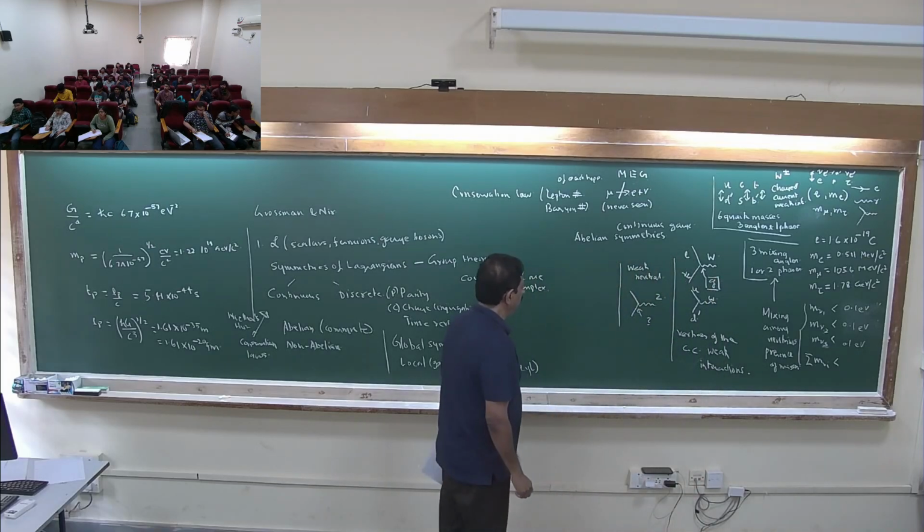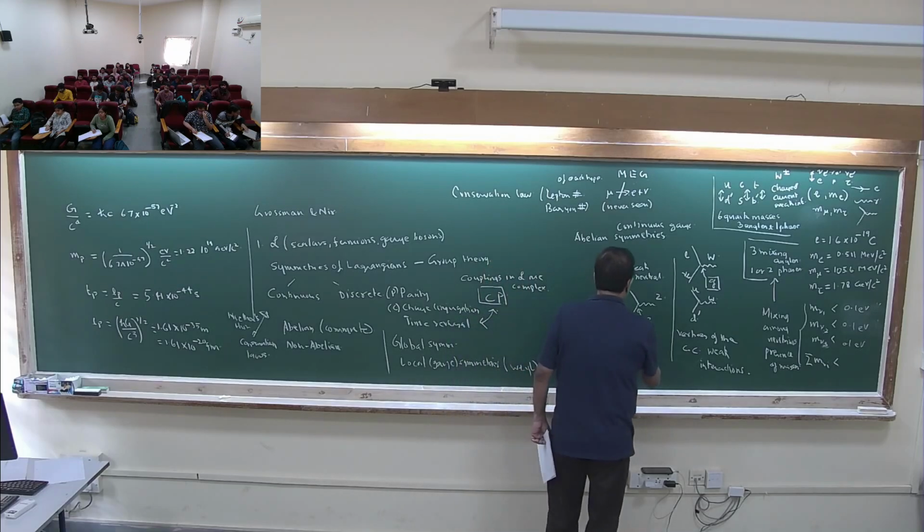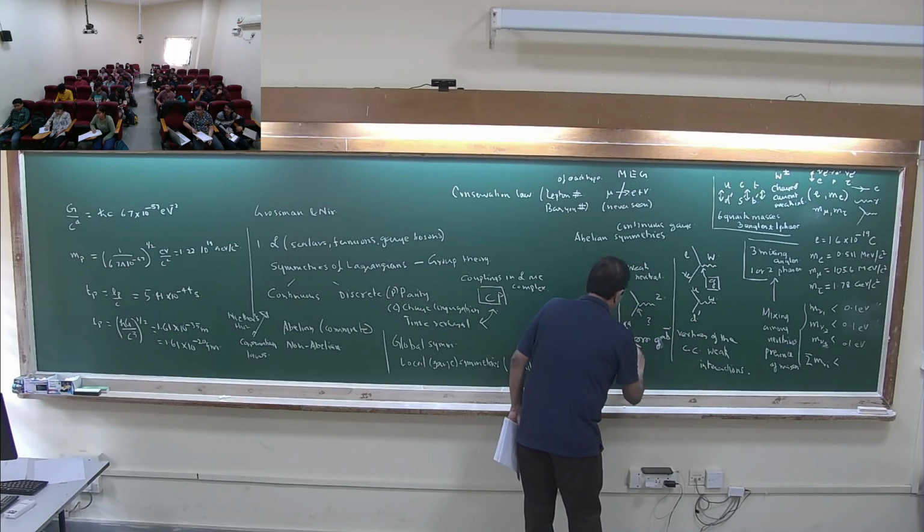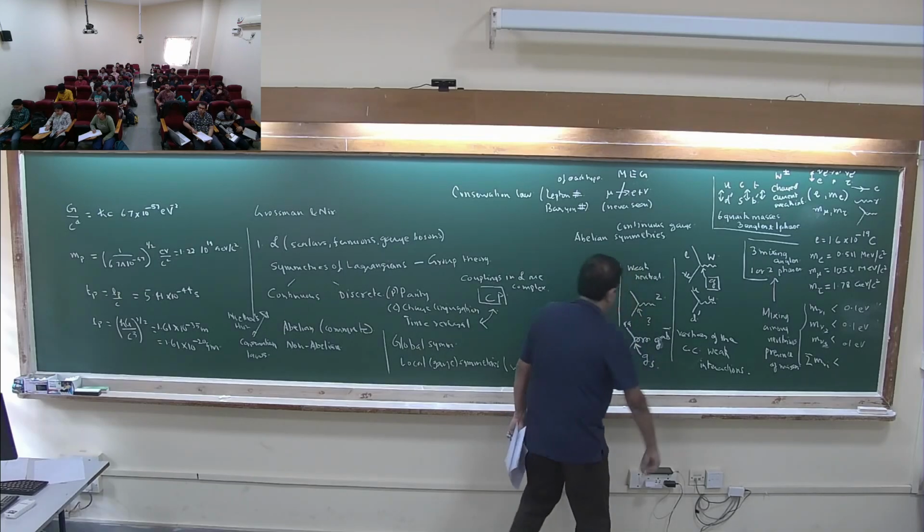And of course we have the strong interaction where we have a quark q_a, q_b interacting with the gluon, and there's a g_s.